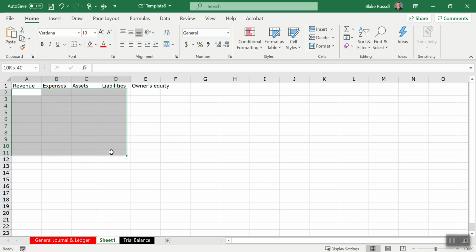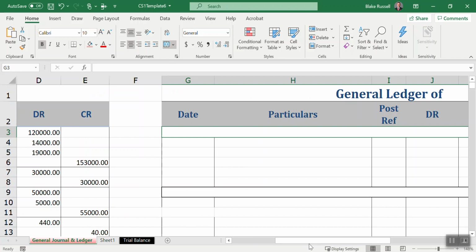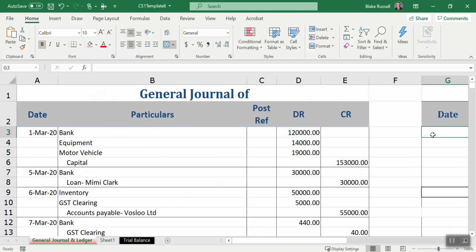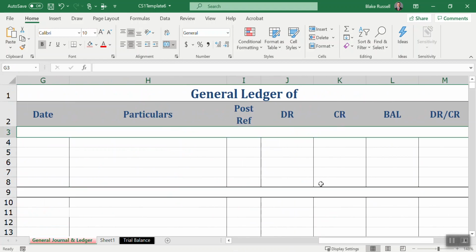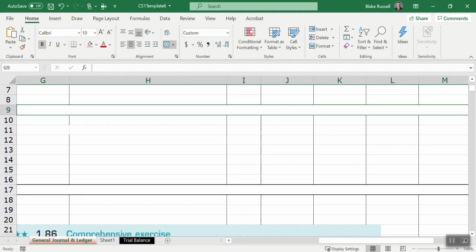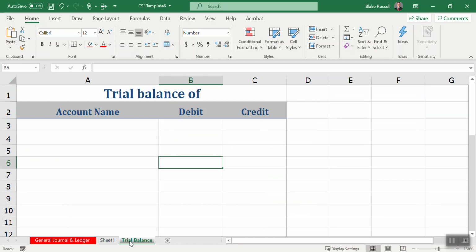Give it your best shot, go through and list out what accounts you've used, because then you're going to place them into the ledger in that order. So give each account their name, type the names into each title there, that way when we transfer over from the general journal to the ledger, you can do that, and then you can start a trial balance.